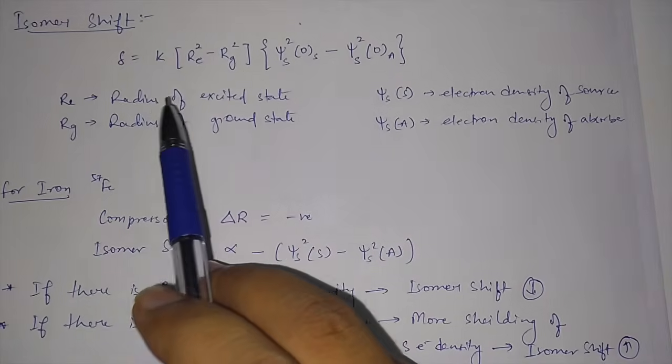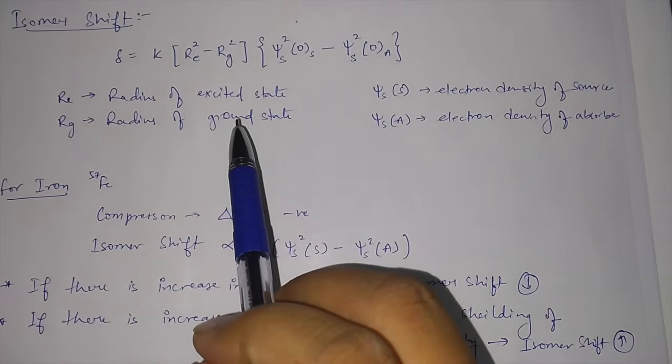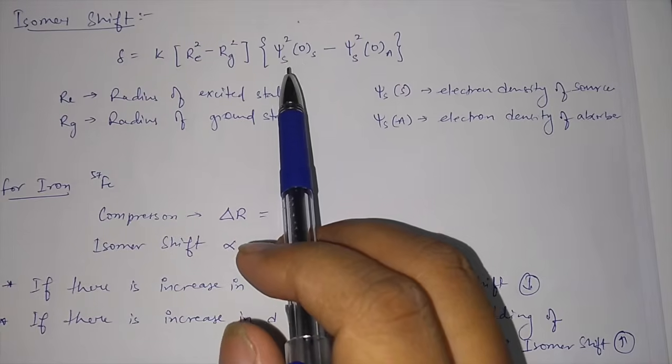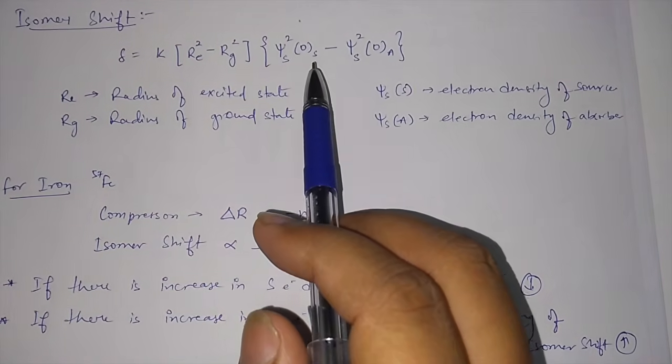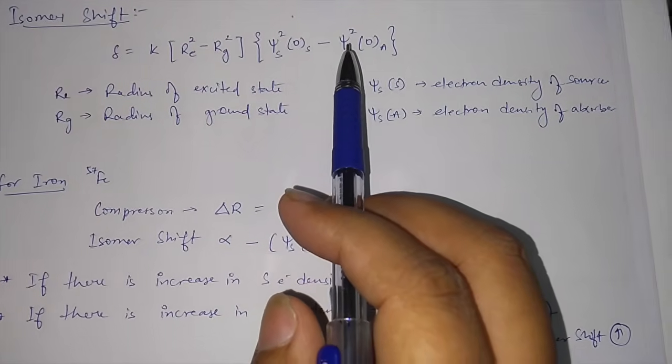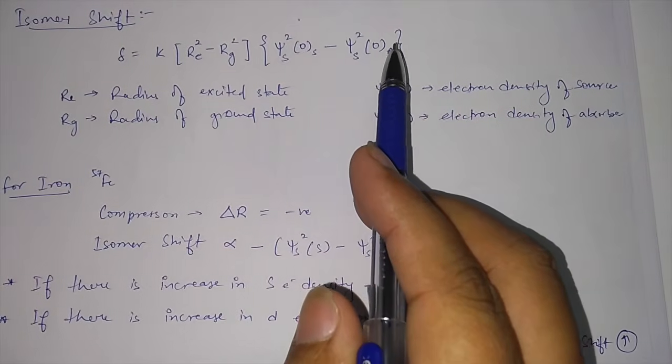Re is the radius of your excited state, and Rg is the radius of your ground state. ψs² is the electron density of the s orbital of your source, and this is the electron density of the s orbital of your absorber or the sample.